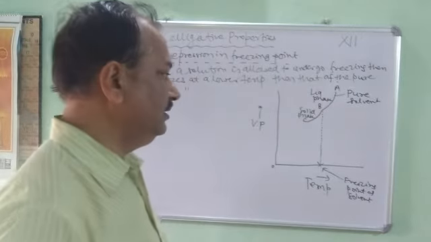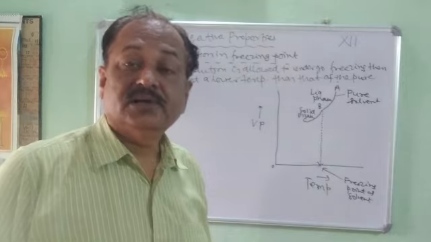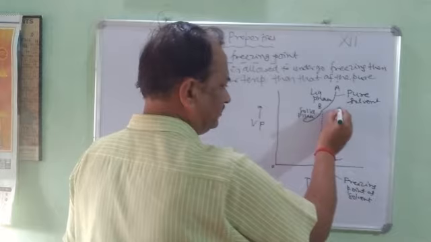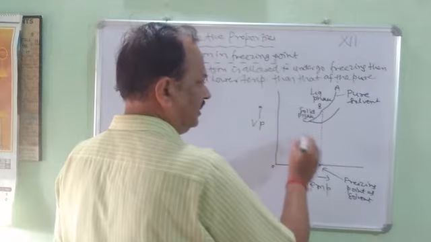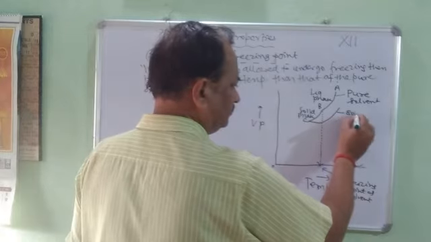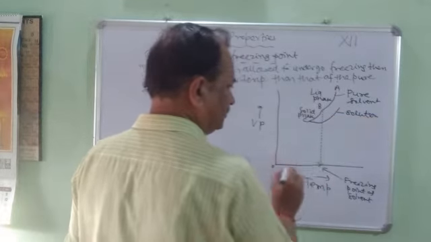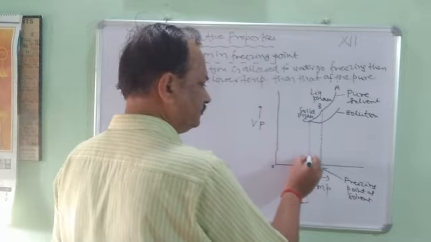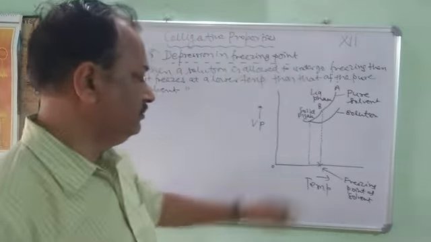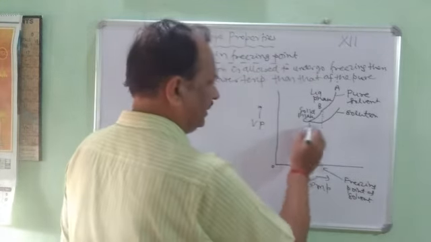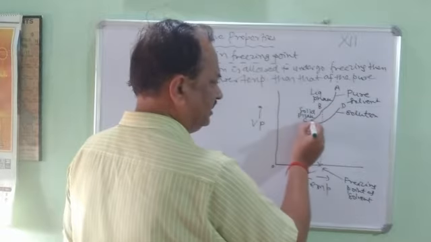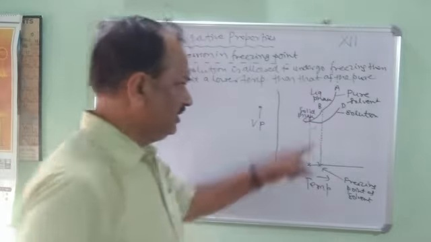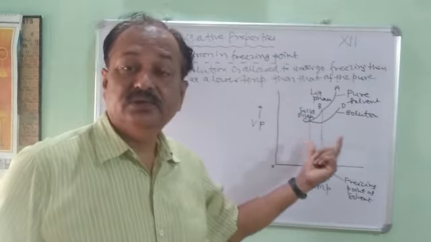Now we'll draw the curve for the solution. So here this is the solution, and let this be D, and this is the point E. In between C and D, it will freeze.